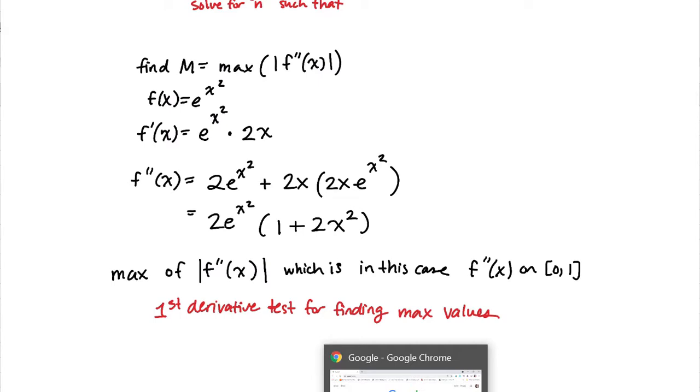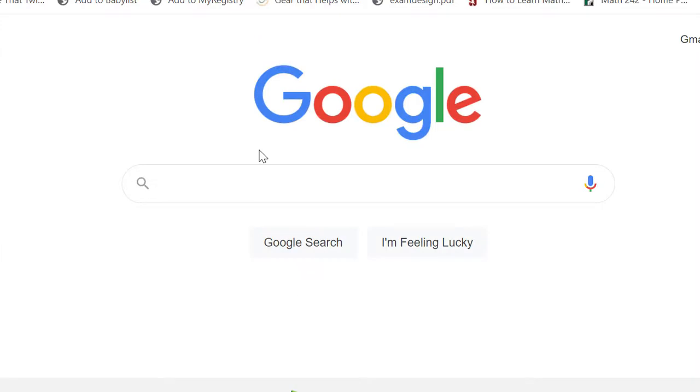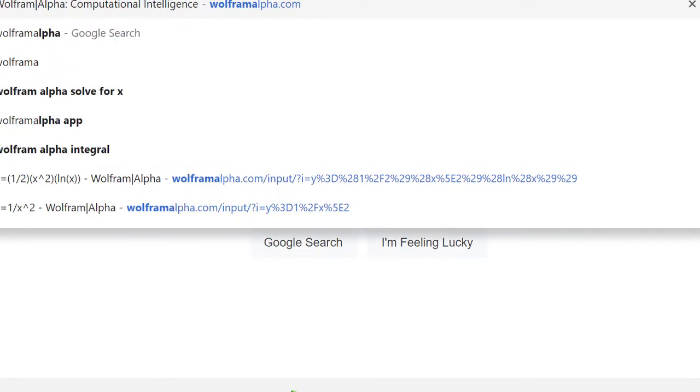The first derivative test says you have to look at wherever the derivative is 0, and you also have to look at the endpoints as well. So we could take another derivative of this function, or we could use technology to assist us here. I think we're going to use technology just to get a feel for how the graph can help us.